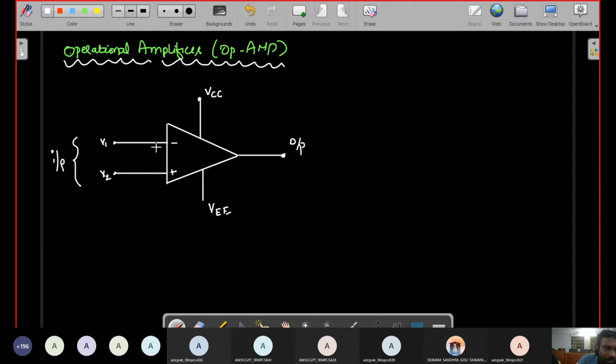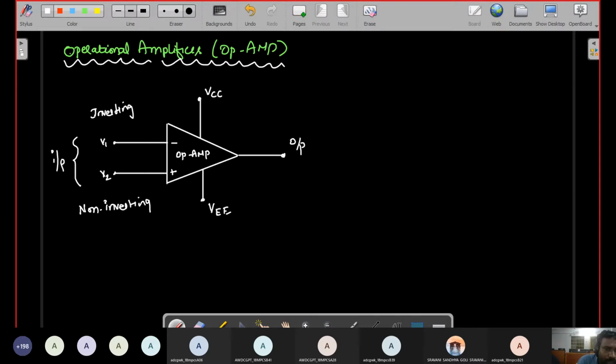The negative terminal is named as inverting terminal, and this positive terminal is called non-inverting terminal, and this is output. Okay, so this is op amp.